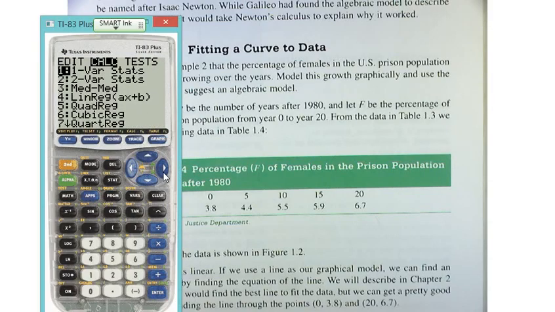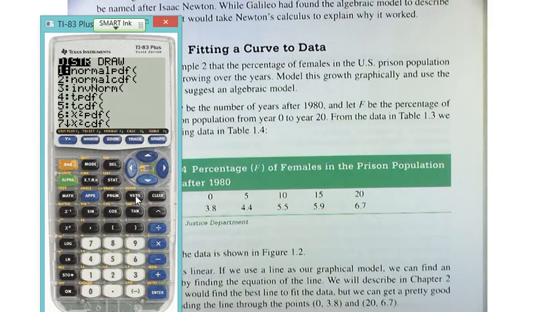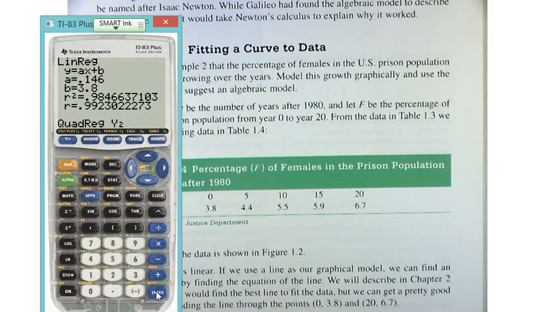So now if I go to the calculate menu and do a quadratic regression, and again I'm going to select Y vars, function, and I've already got one equation stored in Y1, so now I'm going to store this in Y2. Now I hit enter, and notice that my R squared value is pretty darn close to the same. The other one was 0.98, this one's 0.98.